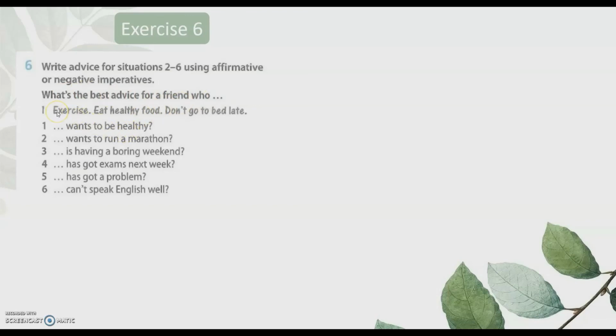Here they already give the example: exercise, eat healthy food, don't go to bed late. For number 2, let's see. What's the best advice for a friend who wants to run a marathon?